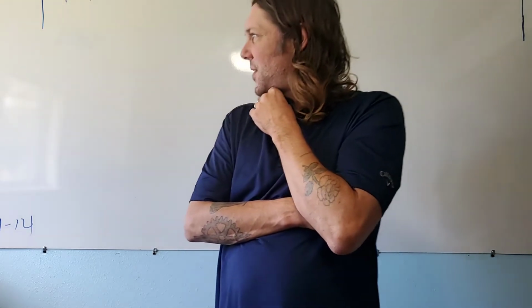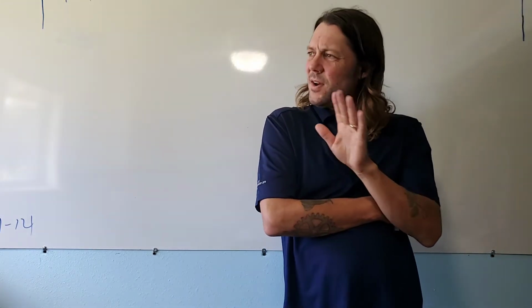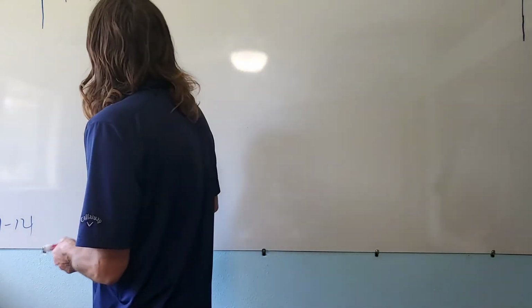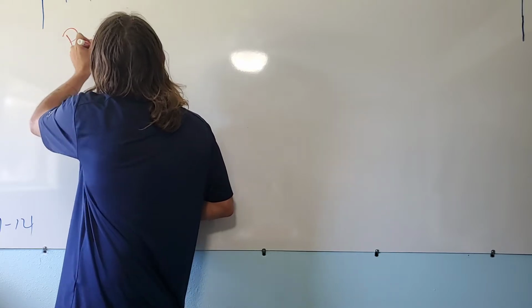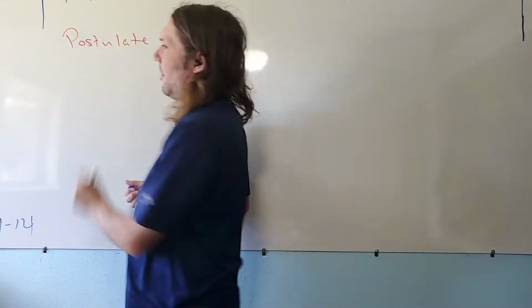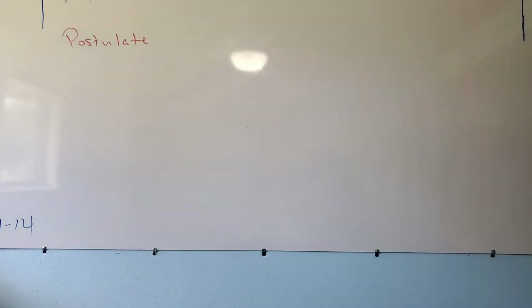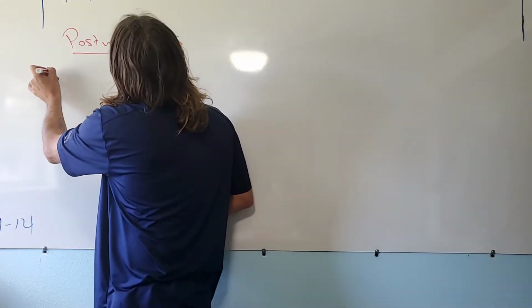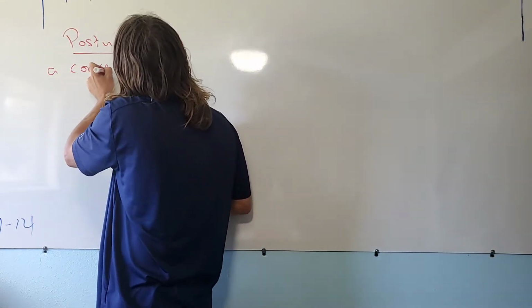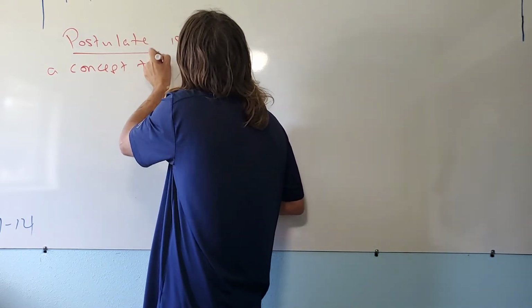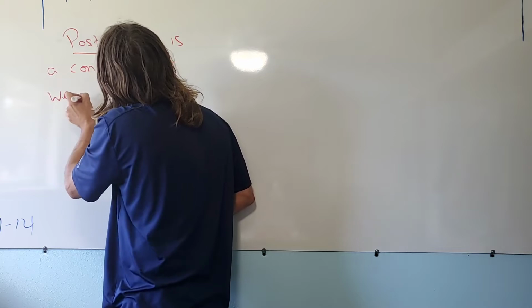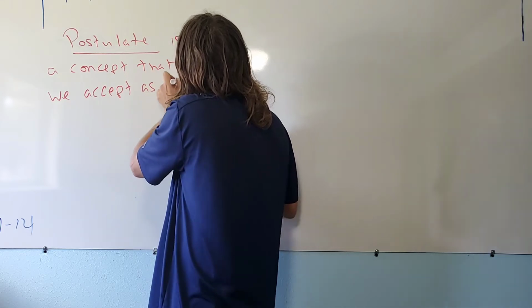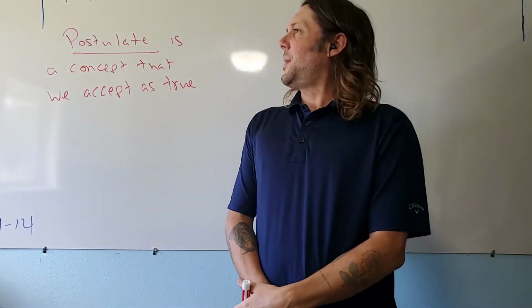So I'd like to do today's lesson, but before I do, let me just talk briefly about what a postulate is. A postulate is a concept, something that we accept as true.